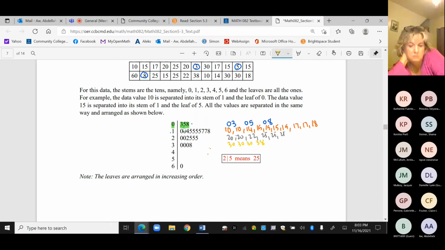The next row, 4, has nobody here, right? Which means we don't have anything like 40 something. 50, we don't have anybody 50 something, nobody. And then the last one is 60. So this is what you call a stem and leaf plot.